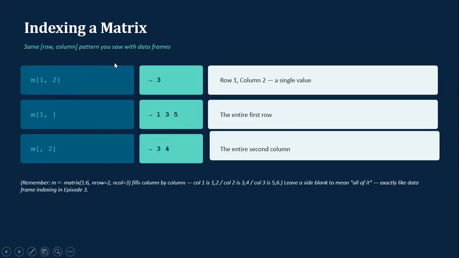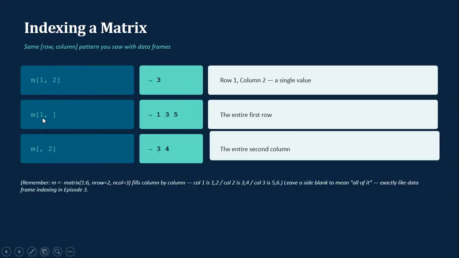So column 1 is 1, comma 2, column 2 is 3, comma 4, column 3 is 5, comma 6. So M box bracket 1, comma 2, close box bracket and run gives you row 1 and column 2, intersection value 3.